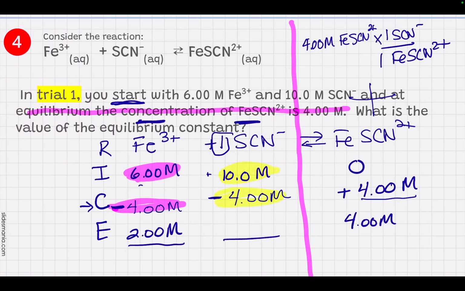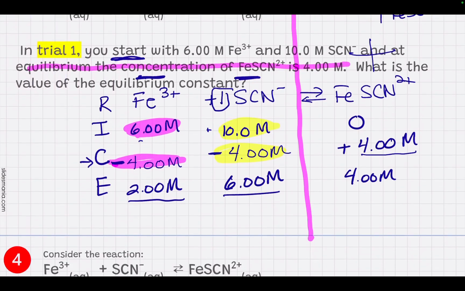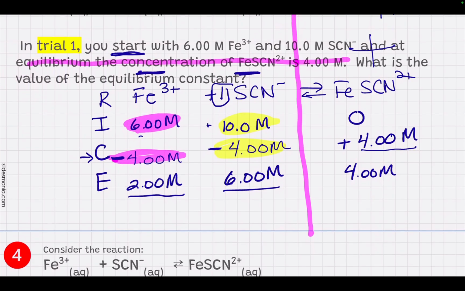I'm going to use up 4. So I have 6 moles per liter at equilibrium of the thiocyanate ion. In the question, they want to know the value of the equilibrium constant. So now I'm ready to plug in to my equilibrium expression, which is going to be products over the reactants.